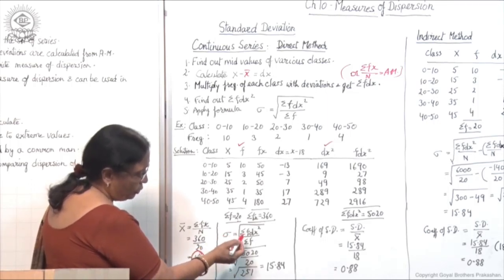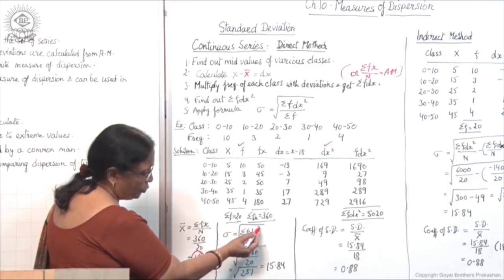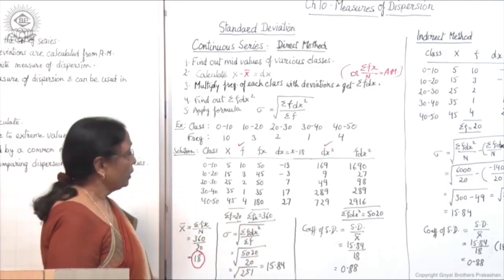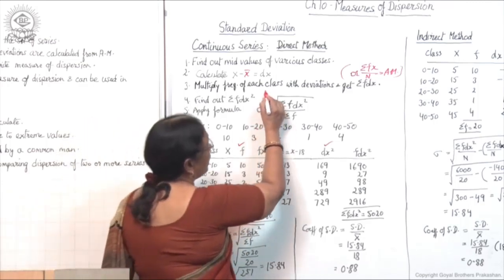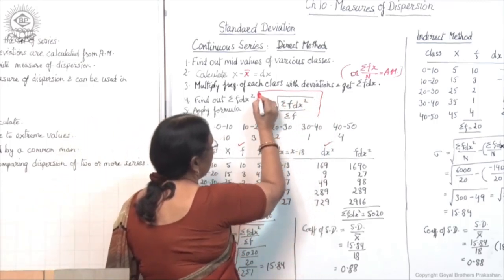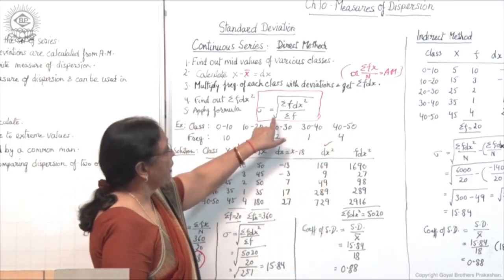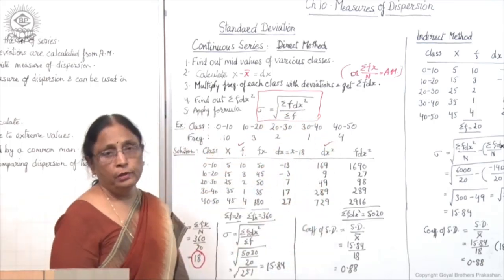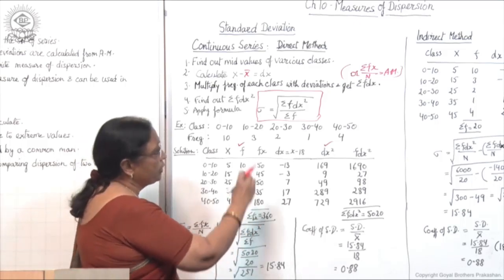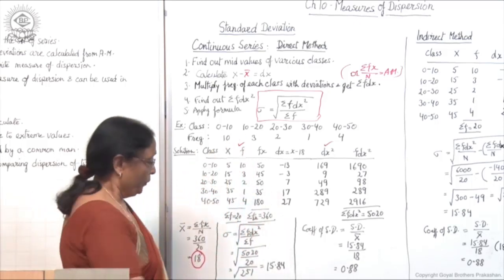Standard deviation is equal to sigma f dx square upon sigma f, whole under root. This is the same formula as I have given you here, right. You write down the values and take out the under root of it.